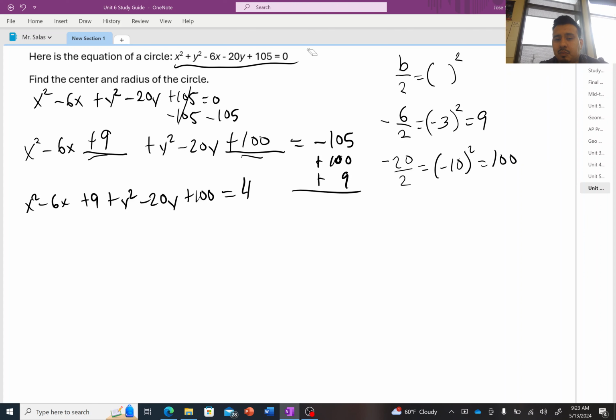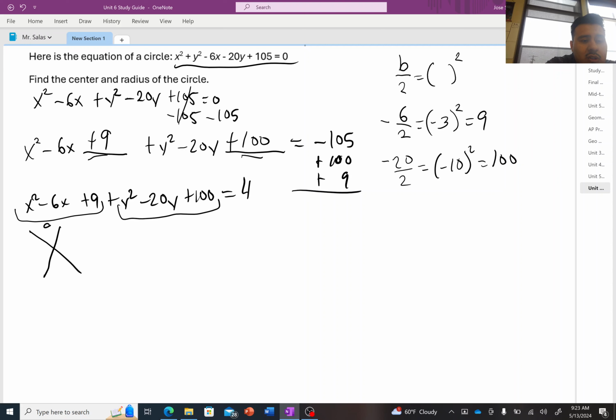Now what I want to do next is use the x method to simplify these and make them look like they're in factored form. For this one, 9 goes on top and negative 6 goes on bottom. 100 goes on top and negative 20 goes on bottom.